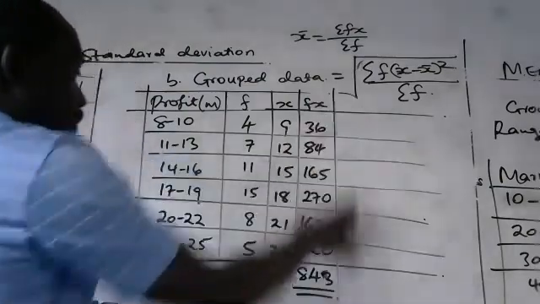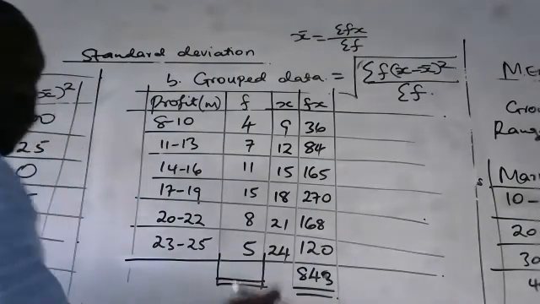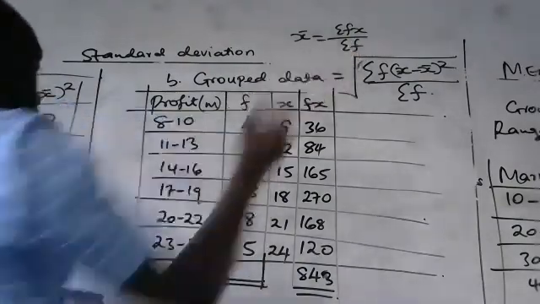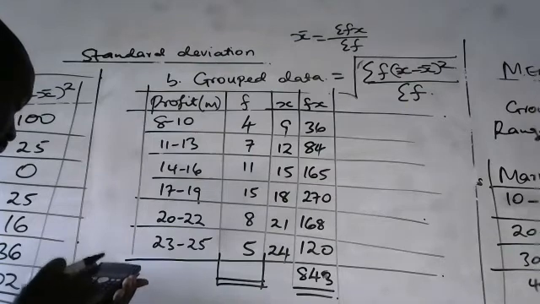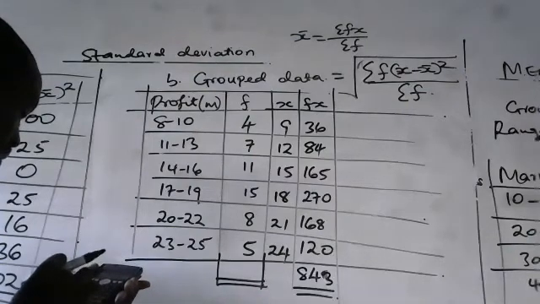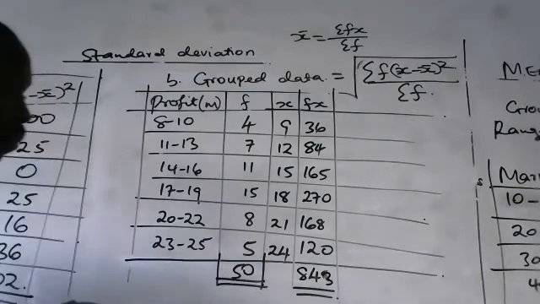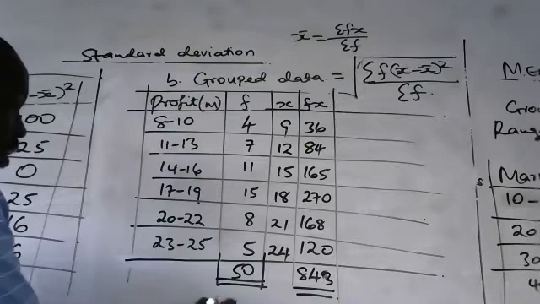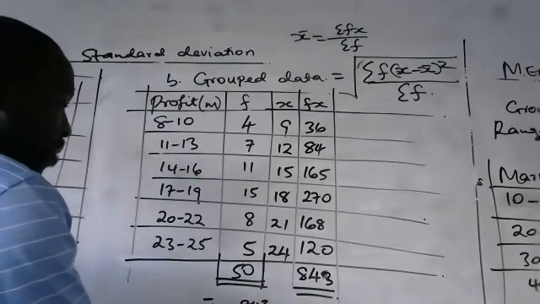That is the sum of fx, and the sum of f, because we did that here, is 50. So our x bar is given by 843 divided by 50.